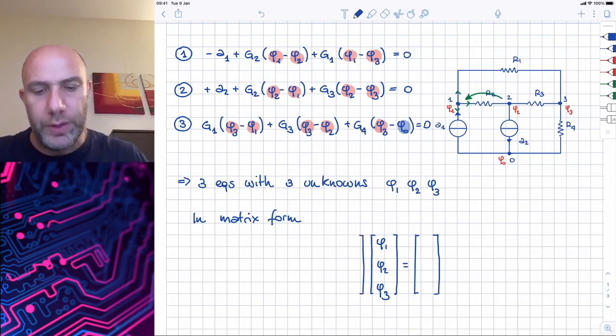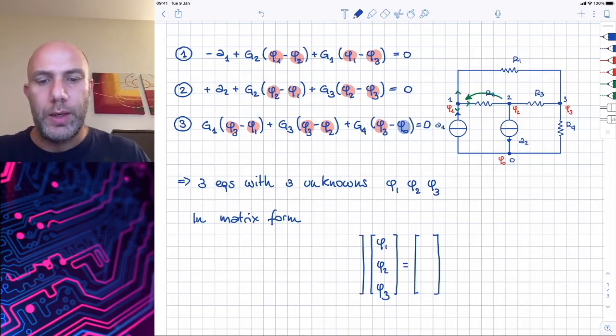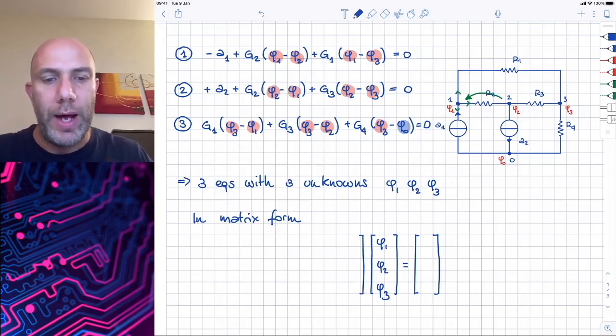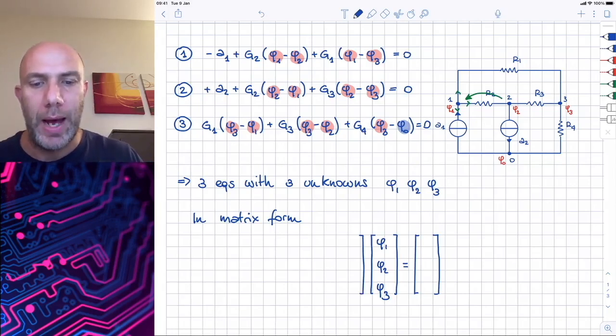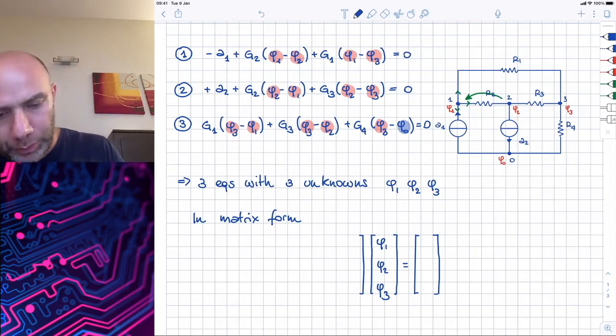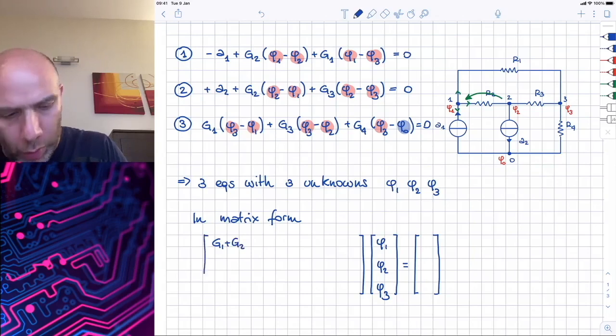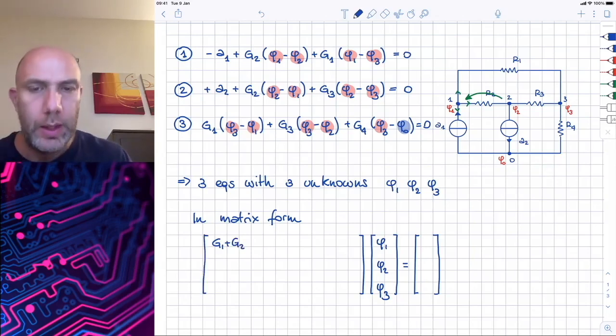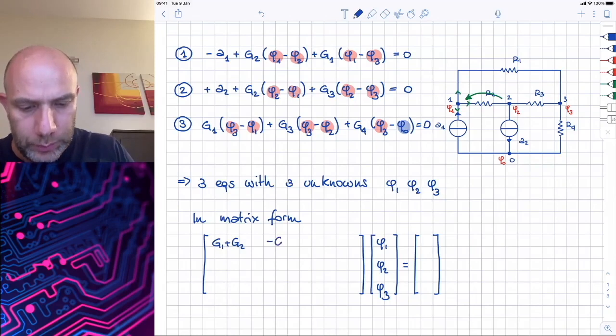If we take the first equation, the value of phi 1 is multiplied by G1 and G2. So we have G1 plus G2 in position 1, 1. In position 1, 2, the term that multiplies phi 2 is minus G2.